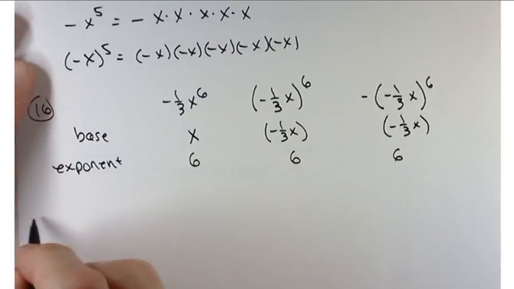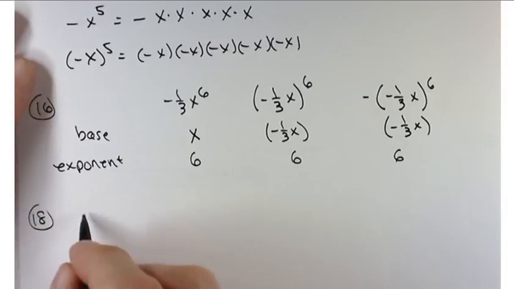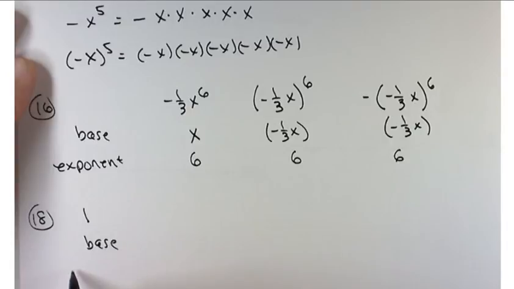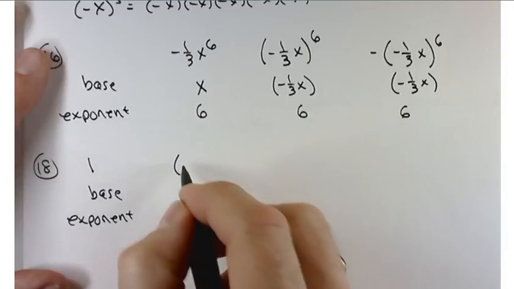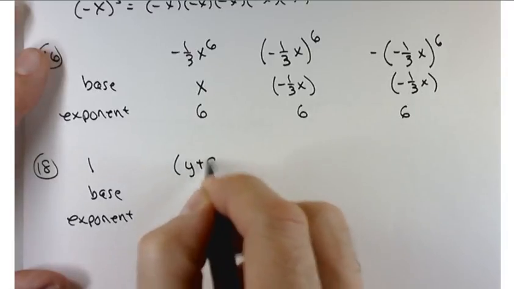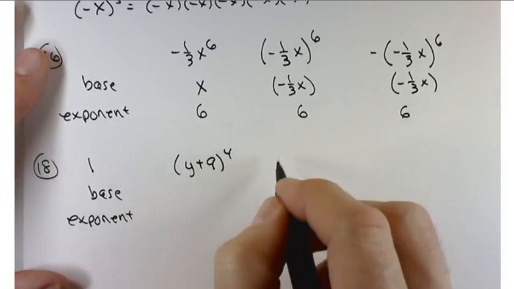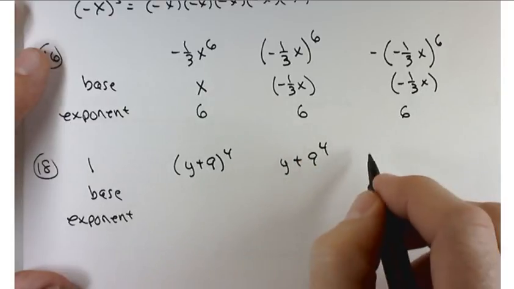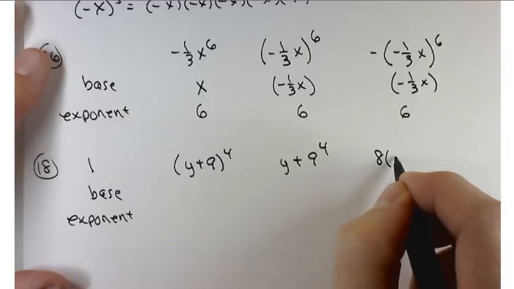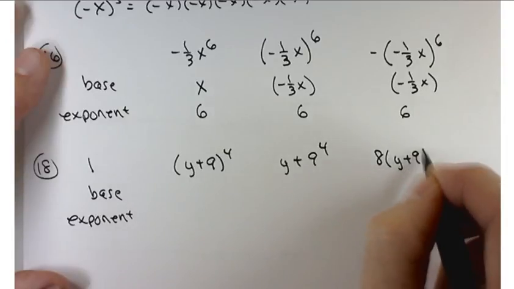Last one like this is problem number 18. Again, we're going to deal with a base and an exponent. So our expressions here are y plus 9 to the 4th, y plus 9 to the 4th, and 8 times y plus 9 to the 4th.